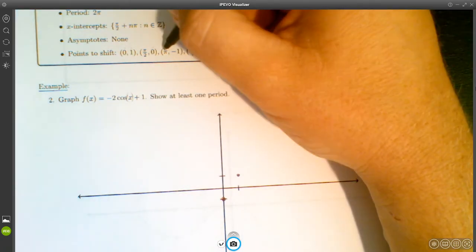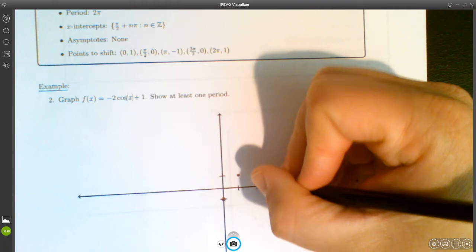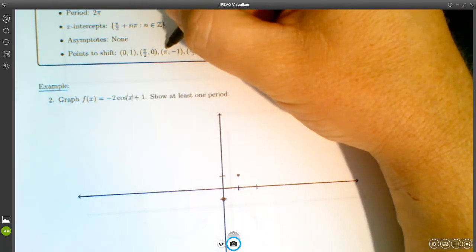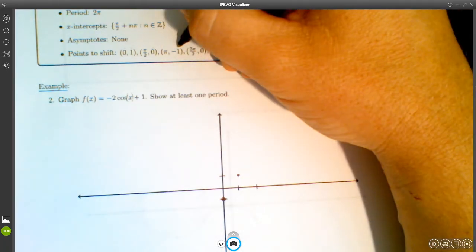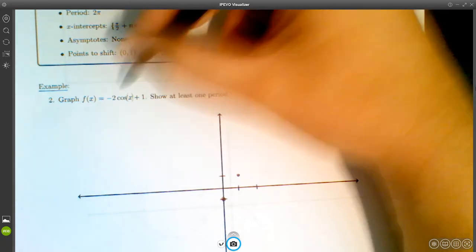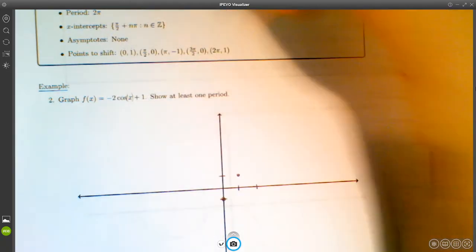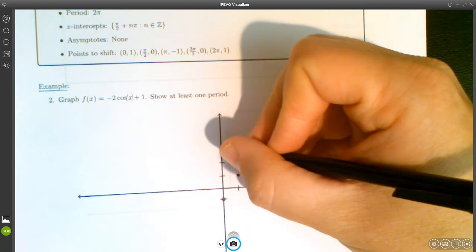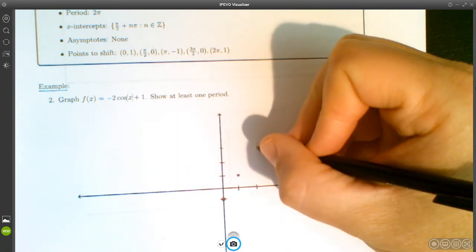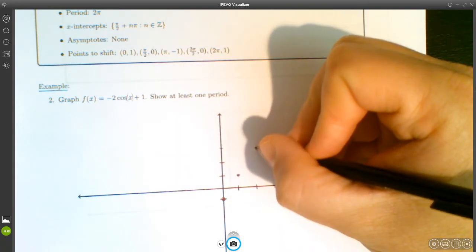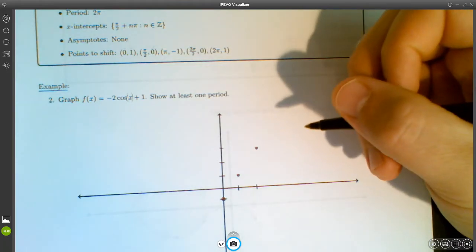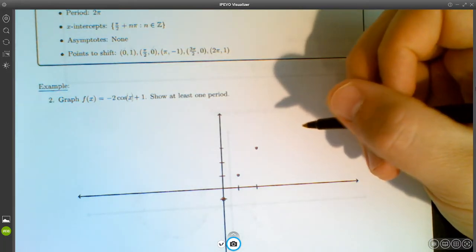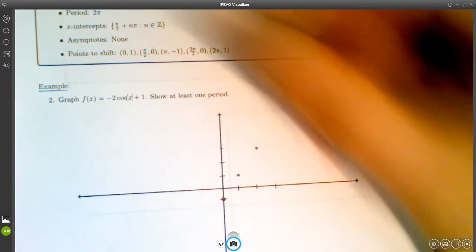Pi, negative 1. We're not shifting left and right, so we still have pi for our x-coordinate. For our y-coordinate, negative 1 times negative 2 is 2, and 2 plus 1 is 3. And then at 3 pi over 2 the value is 0.